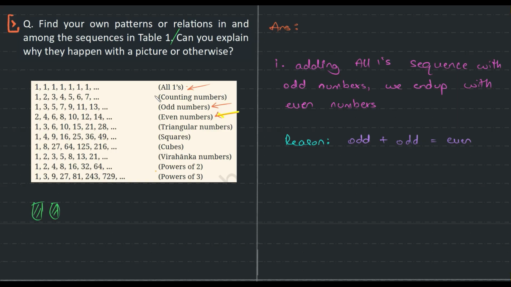I can relate counting number with square, actually even cube as well. How do we do that? So counting number and squares.